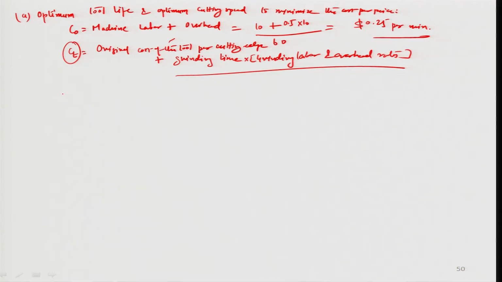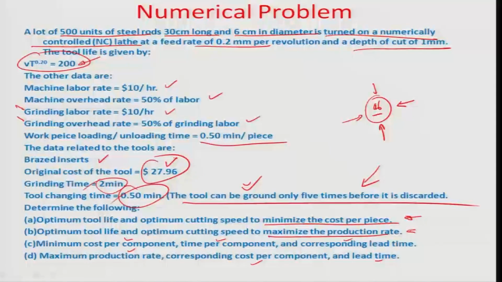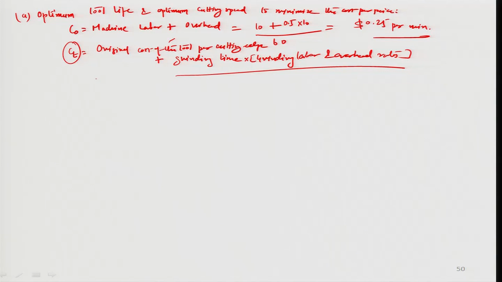is about 27.96 units of currency, and we have already said that this tool can be used for 6 times. So, per cut or per cutting edge, the total original cost would be divided or split up by 6, and then we add the grinding overhead and labor rate to it.